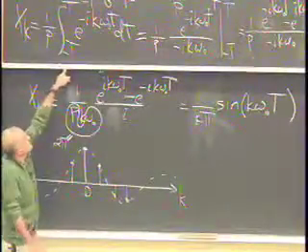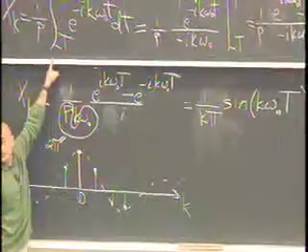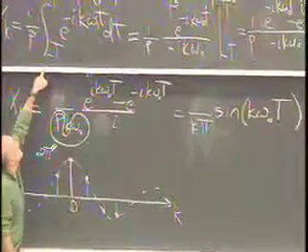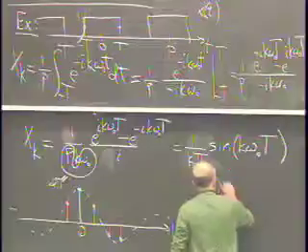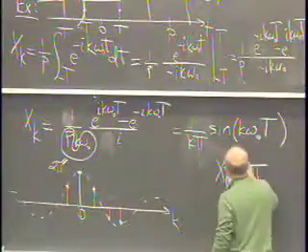If k equals 0, what does my integral give me? T over... or 2t. X 0 is 2t.